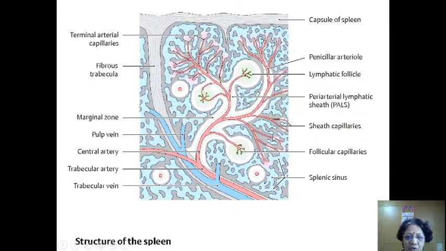All of this is lymphoid follicles, dense aggregations of large amounts of lymphocytes, into which were given branches of the splenic arterioles, which would divide and form straight arteries called penicillar arterioles, and therefore the lymphoid follicles in the spleen would show an eccentric arteriole, and that was one way to recognize it.